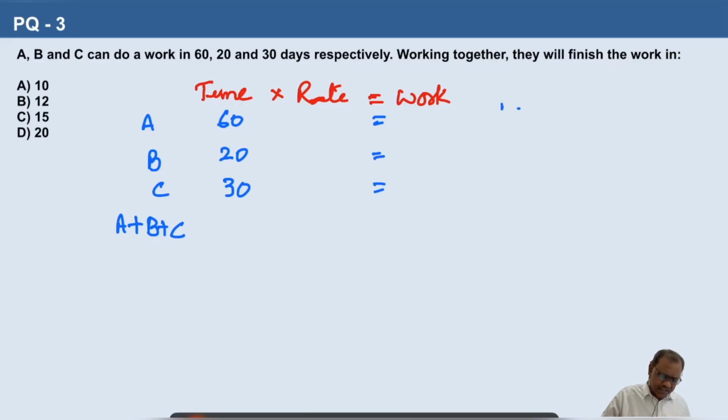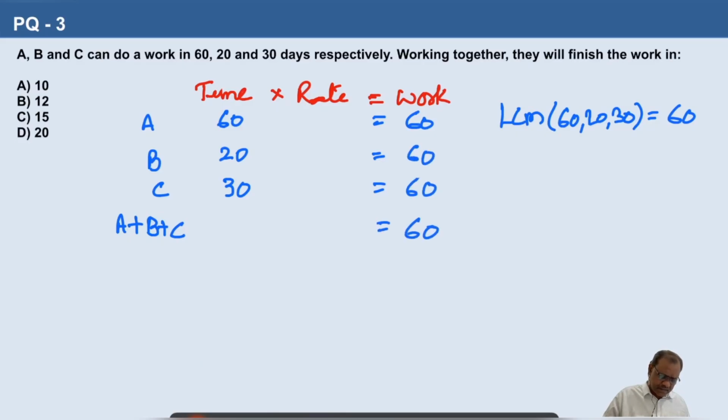So what is the LCM? 60, 20 and 30. The LCM is 60 because 60 is divisible by both 20 and 30. 60 itself is the LCM. So total work is 60 units. 60 is divisible by 60 one time. 60 is divisible by 20 3 times.